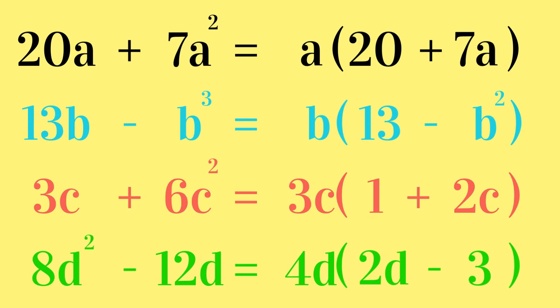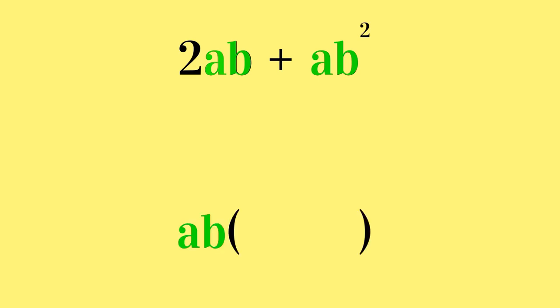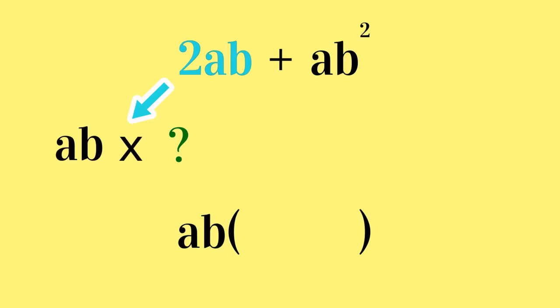When factorising, it can be possible to have more than one variable outside of the brackets. So if we had the expression 2ab add ab squared, we can see both terms contain a and b, so we can write ab outside of the brackets. ab is multiplied by 2 to get 2ab, so 2 goes inside the brackets.